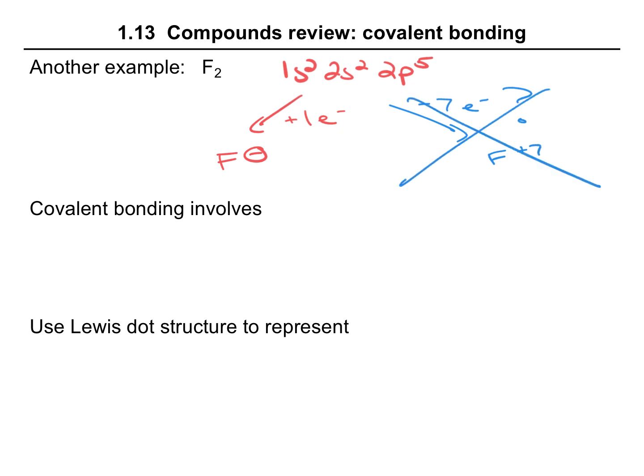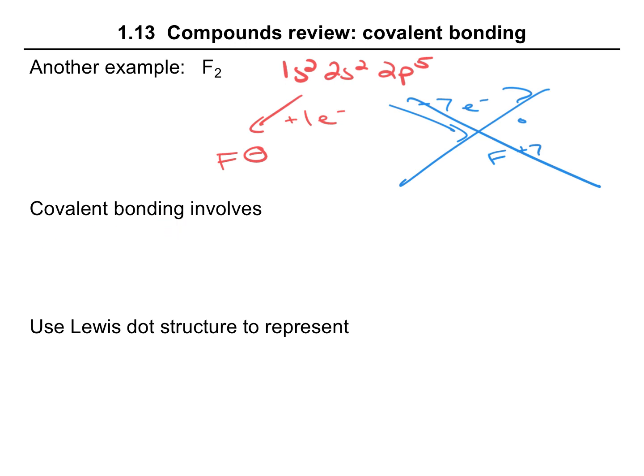So ionic bonds are not always going to be feasible. Ionic bonds work when you have a metal and a nonmetal. The metal can become a cation, the nonmetal can become an anion. But when we have two nonmetals, whether they're the same element or different elements, then ionic bonding doesn't work, and instead they're going to be held together by covalent bonding.